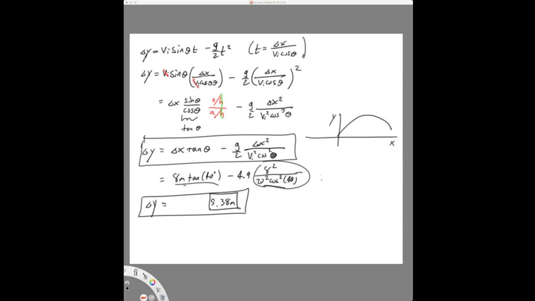However, it is hard for me to predict what you'll need, because different people may take different paths on problems. Now, in this case, you wouldn't really have to use that. You could just plug in sine of 40 divided by cosine of 40, right? You don't actually have to do that. It's just a simplification.